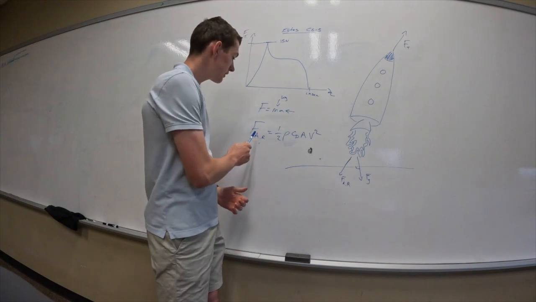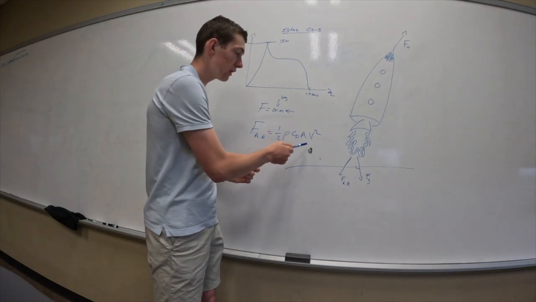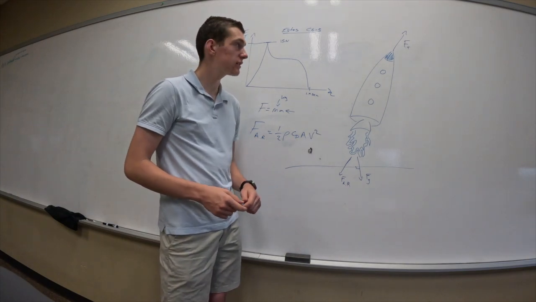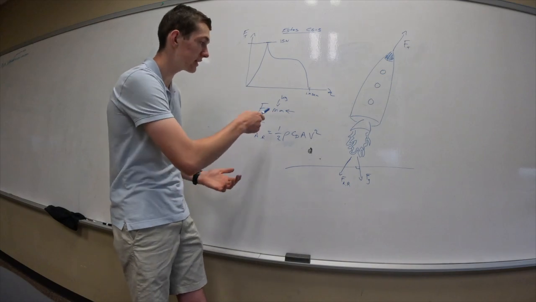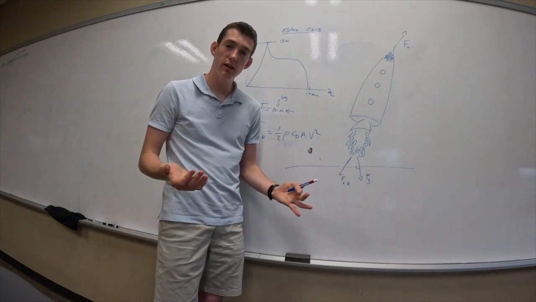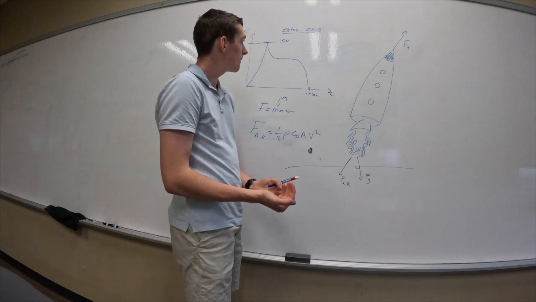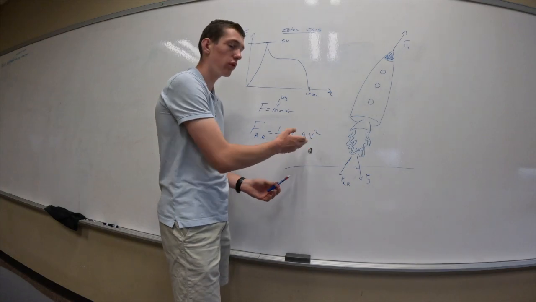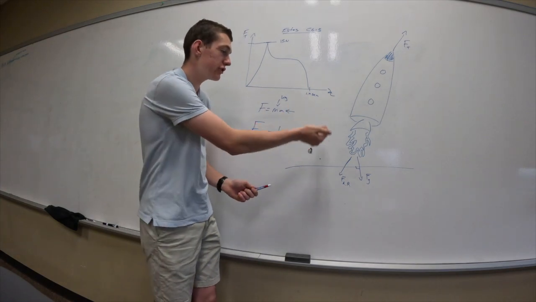Now, what makes air resistance so difficult because of velocity is that the speed of the rocket is changing. It's not always staying the same. As we know, it's accelerating, and when you press the accelerator on your car, the car speeds up. So we don't always have a constant velocity, and it's always changing.